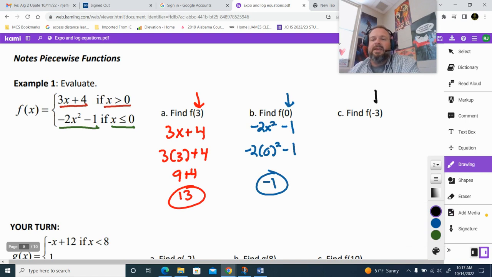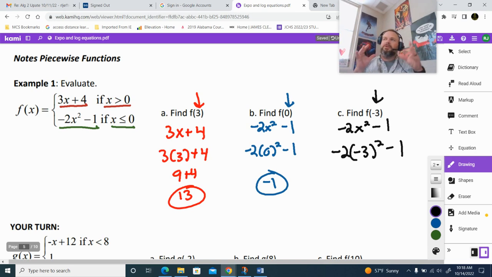Now, f of negative 3. Is negative 3 greater than 0 or less than or equal to 0? Less than or equal to. So we're going to use this bottom one. Now, for the umpteenth time, it does matter if you include parentheses around a negative, especially in the calculator.